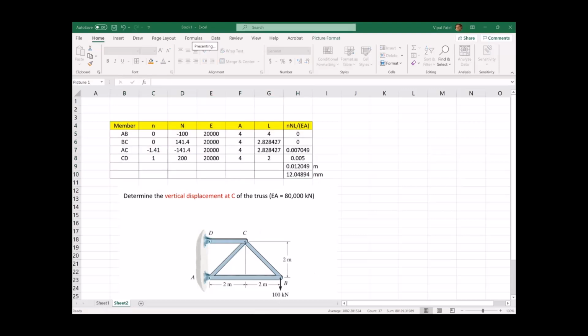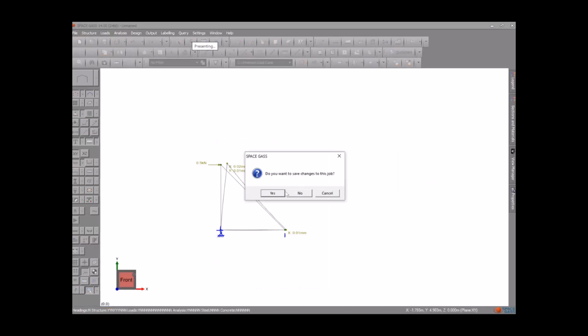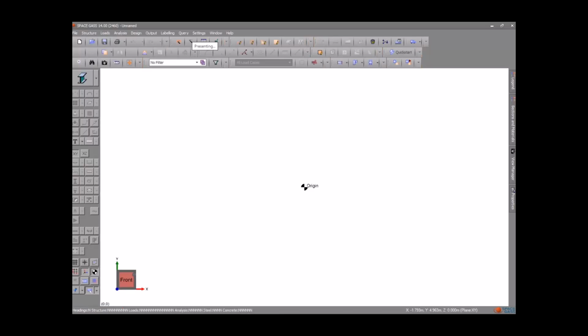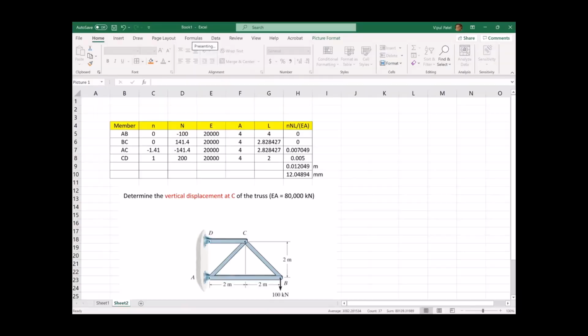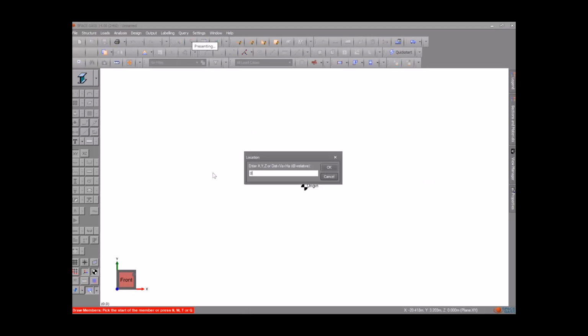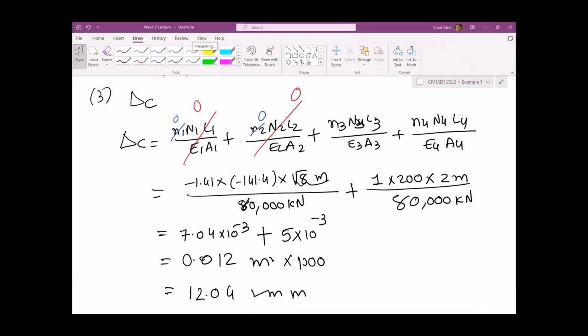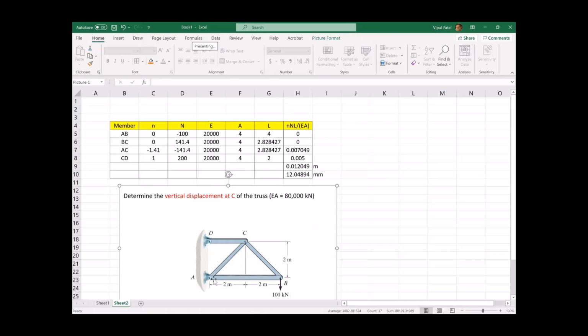Now I will show you the SpaceGass software as well. So we match these SpaceGass software calculations as well. So what we got here, let's start with here, 4 meters. So draw members 0 and 4 meters, and then we got 2 meters.